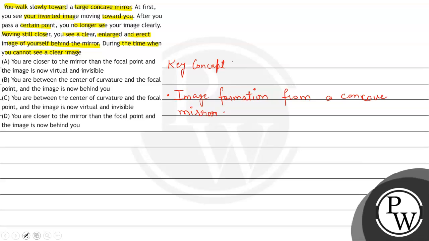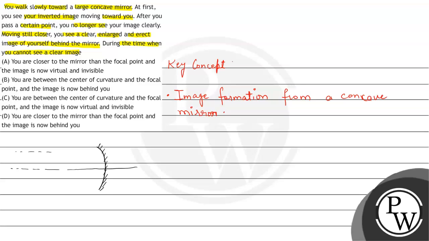So the first case that I'm going to tell you about is when the object is placed at infinity. So let's suppose this is our concave mirror, something like this, and the object is placed at infinity. So rays come from infinity. This is our principal axis.